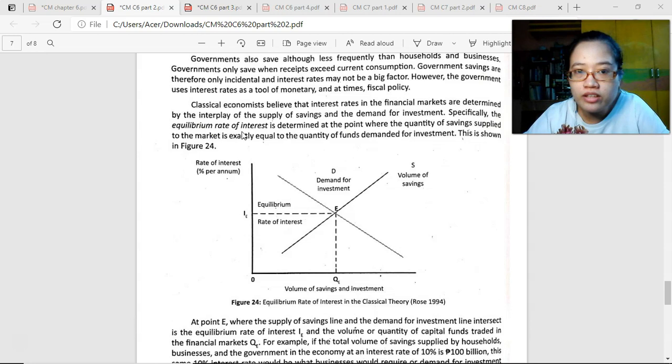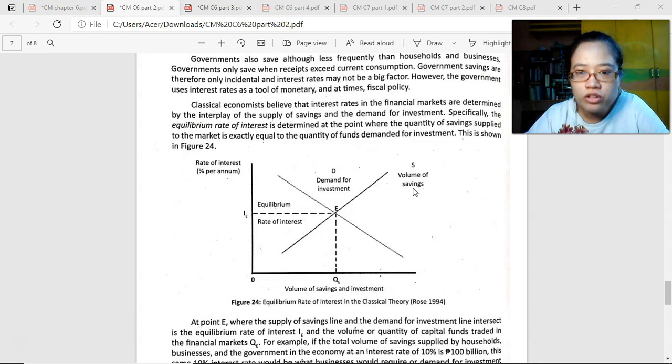Specifically, the equilibrium rate of interest is determined at the point where the quantity of savings supplied to the market is exactly equal to the quantity of funds demanded for the investment. Ayan. Ang equilibrium, edi kung saan sila nag-meet. Itong part na to. Alright?